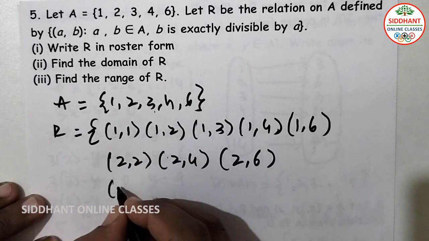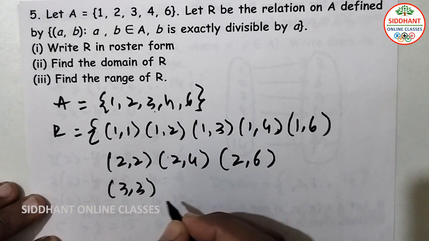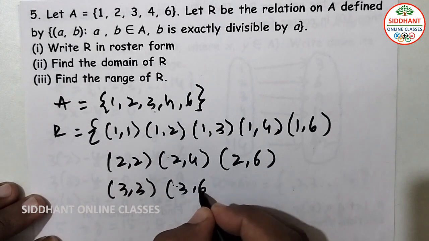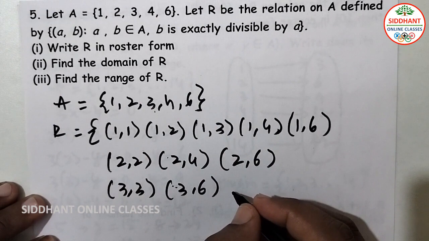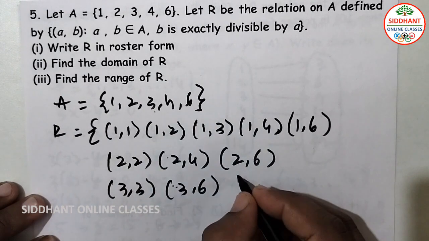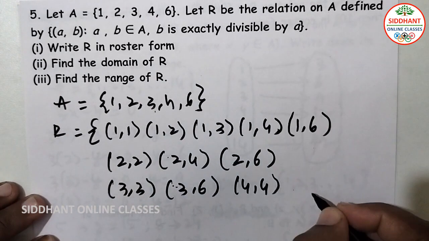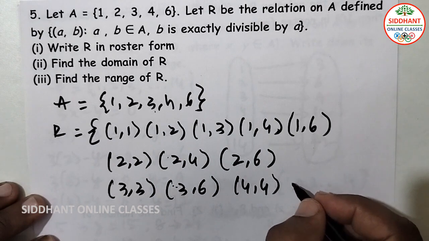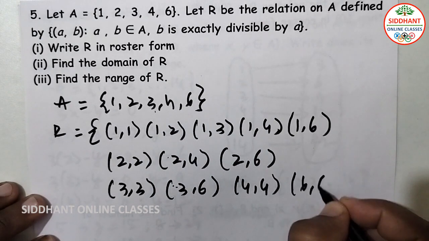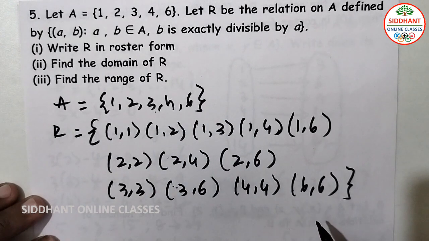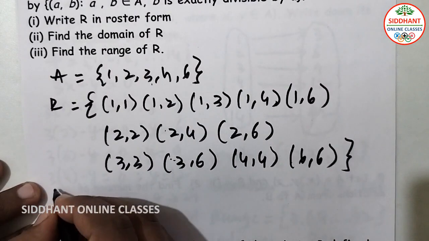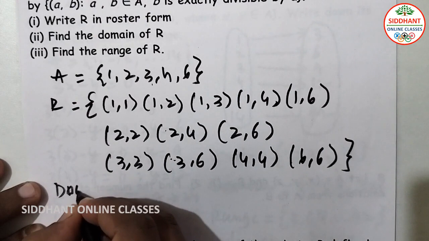Next 3 exactly divisible by 3. Next 6 exactly divisible by 3 here. Next comes 4, which is exactly divisible by 4. Next, 6 exactly divisible by 6. So this will be the roster form here. So in this we are going to write the domain here.